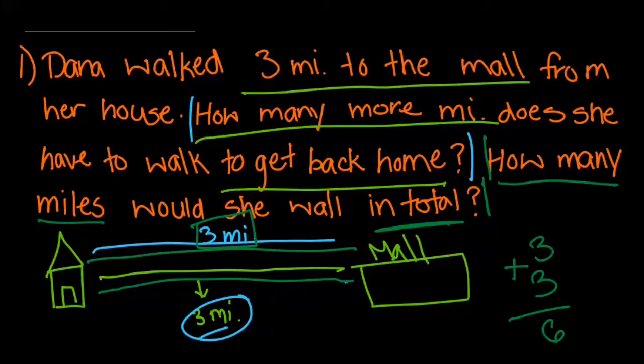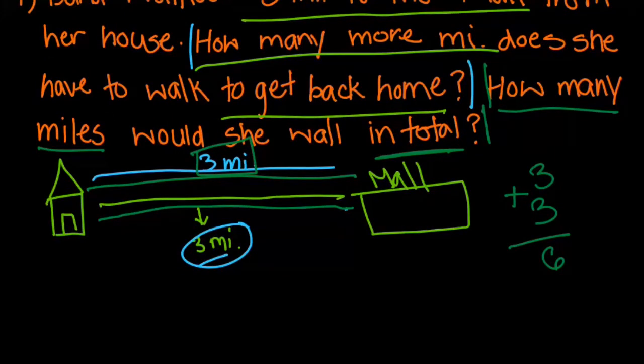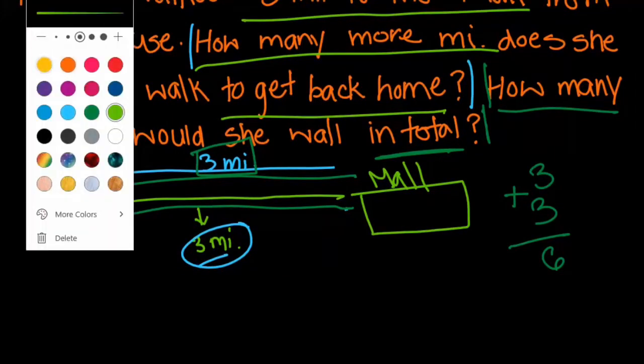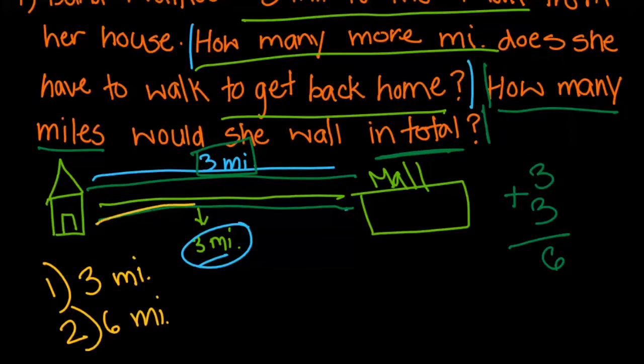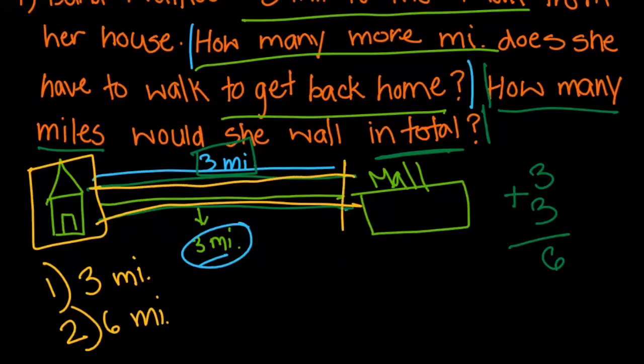Let's get yellow. The answer to the first question is 3 miles, and the answer to the second question is 6 miles. We got 6 miles because it took her 3 miles to go to the mall from her house, and 3 miles again to go to her house from the mall.